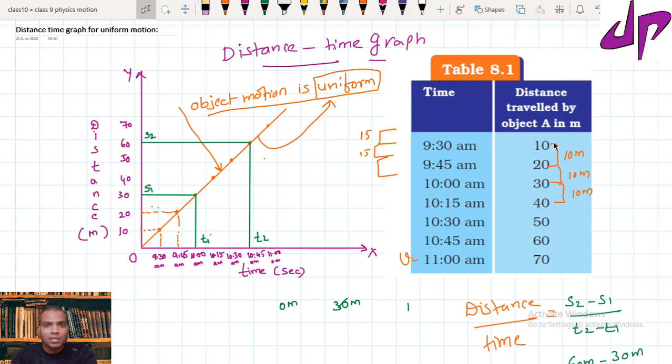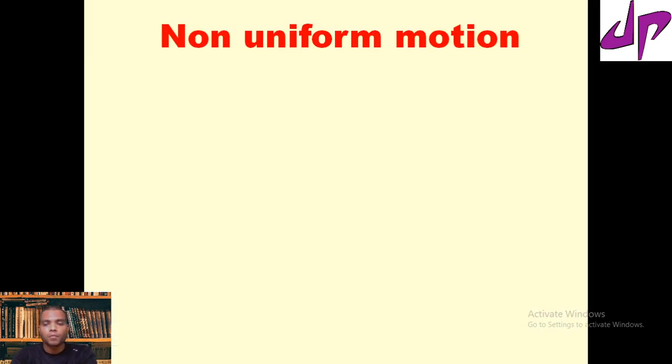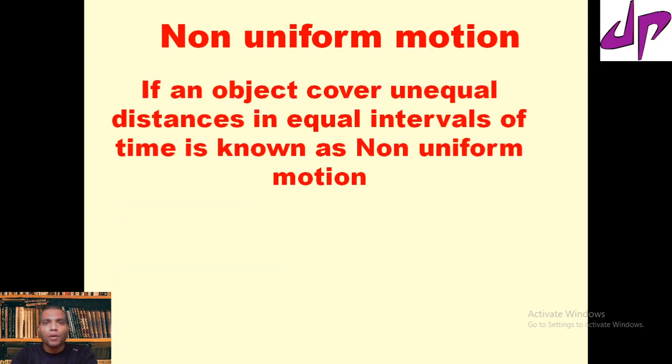Today, I would like to discuss the distance time graph for non-uniform motion. Let's see what non-uniform motion is. If an object covers unequal distances in equal intervals of time, it is known as non-uniform motion.